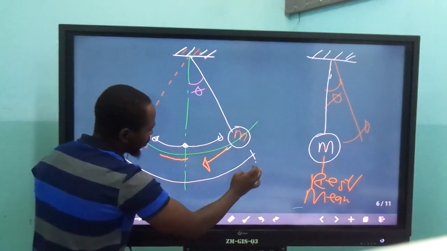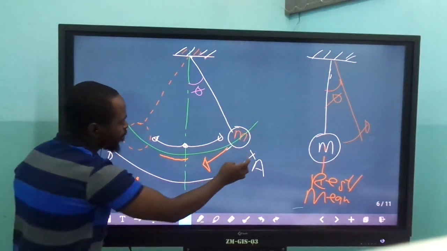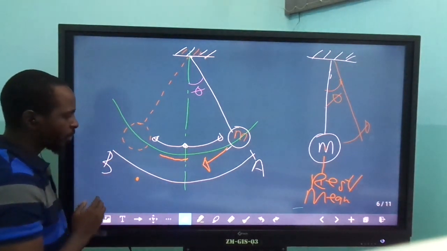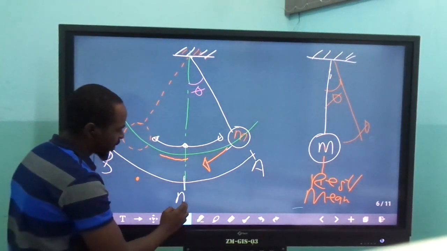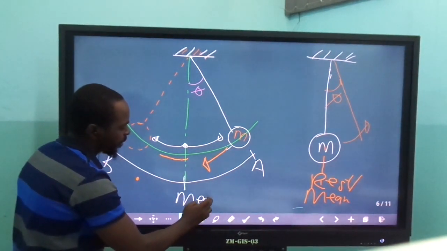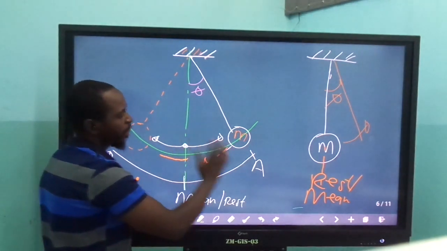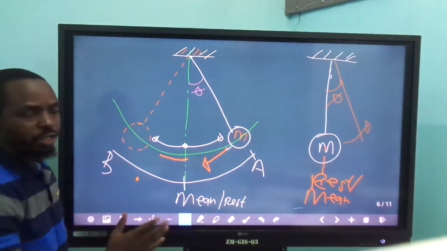If we take this as point A and this as point B, this will be the path of motion for this ball. On this path, we have this as the mean point or rest point, where this mass will rest when it stops moving.